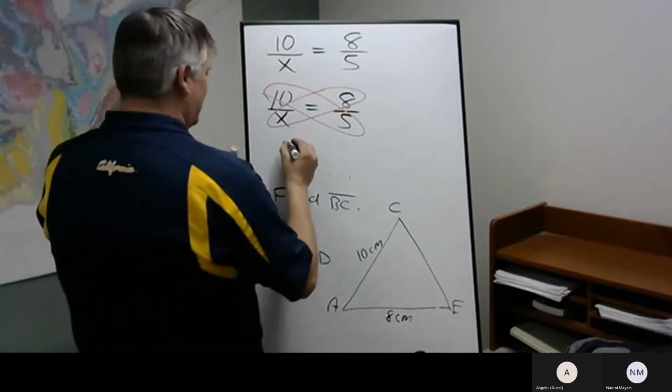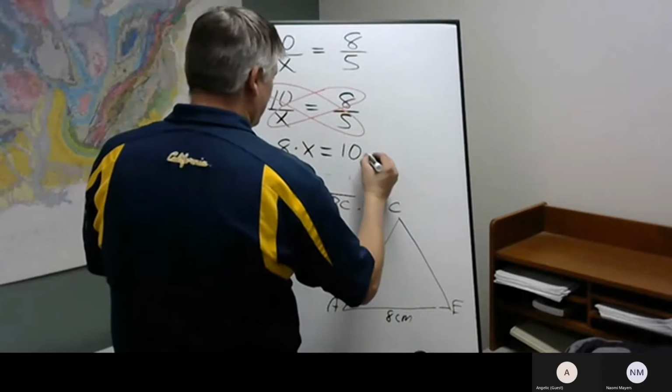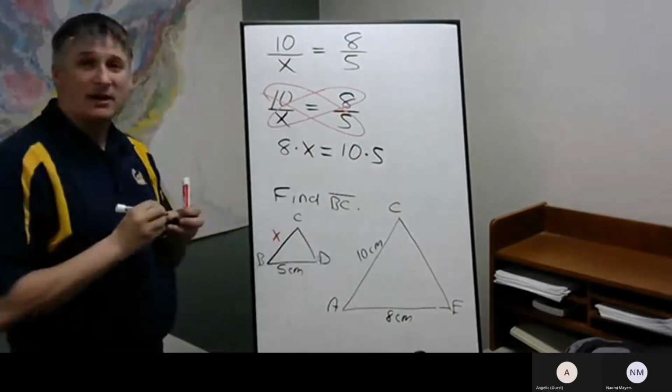So we're going to get 8 times X equals 10 times 5.